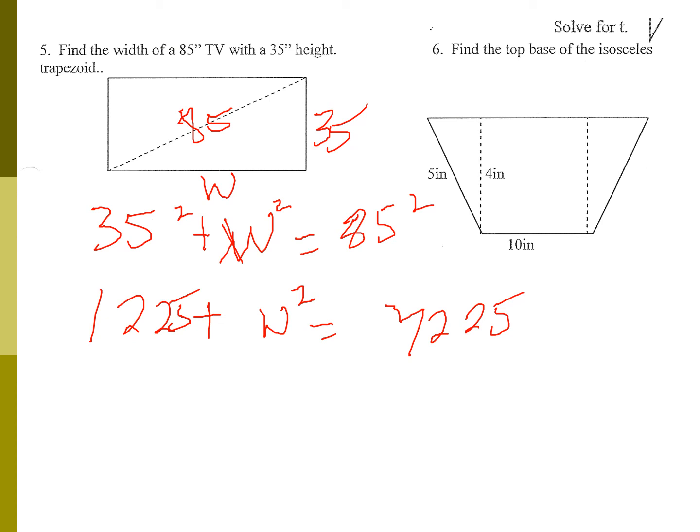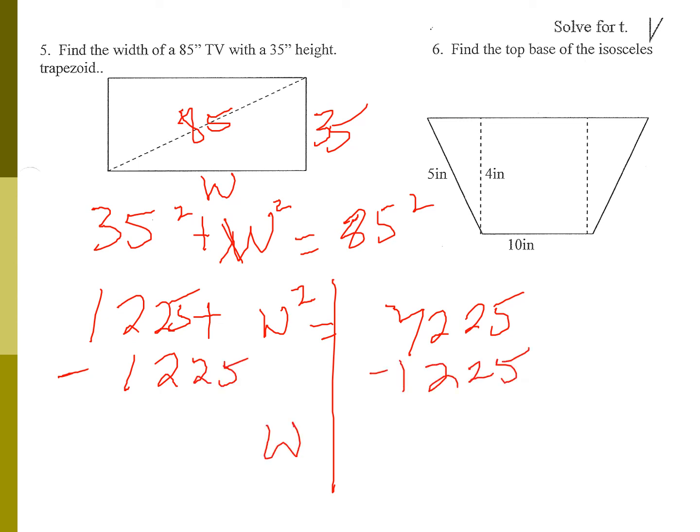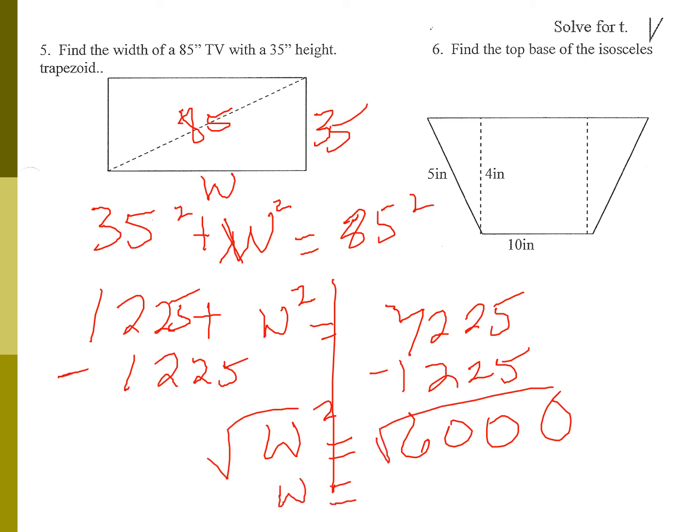No. We're going to subtract it to the other side. A little bit of algebra. So the width squared is 6,000, and we'll take the square root of both sides. The square root is 77.46, or rounded off to 77.5.